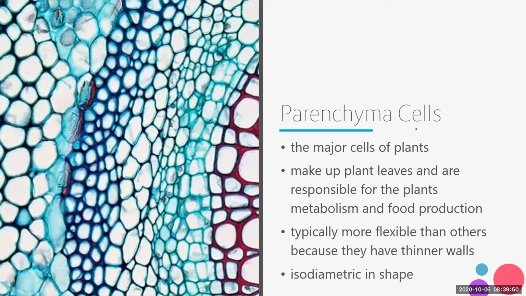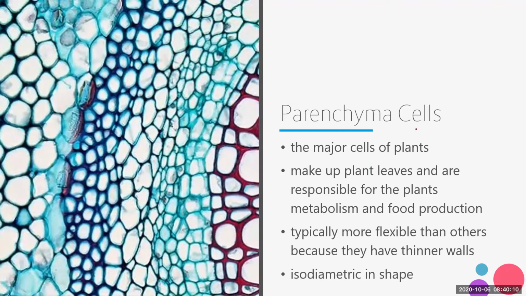So they are typically flexible compared to the other types of cells of plants, and their flexibility is due to their thin cell wall. So mas manipis yung cell wall nila compared to the other types of cell, and that makes them flexible.